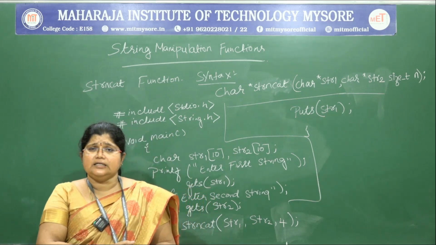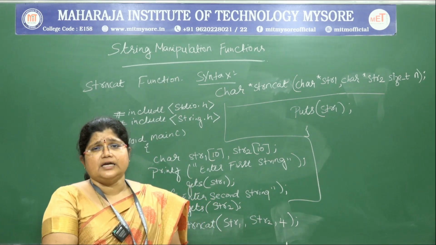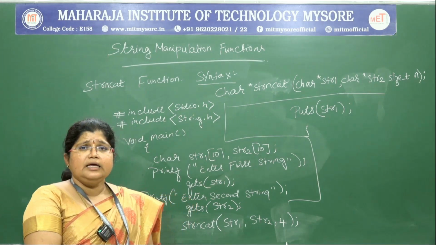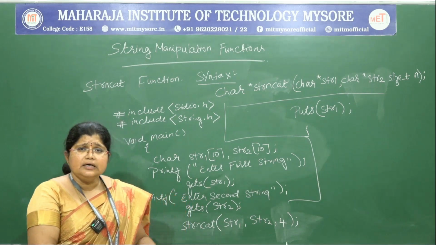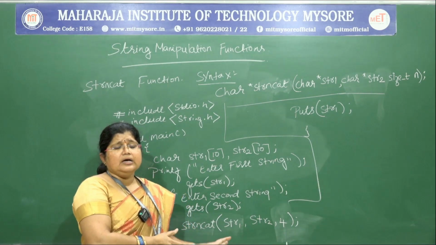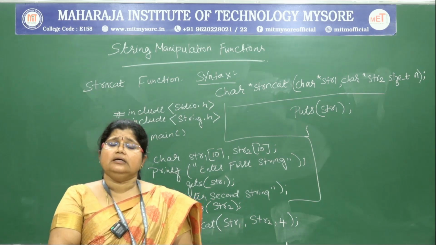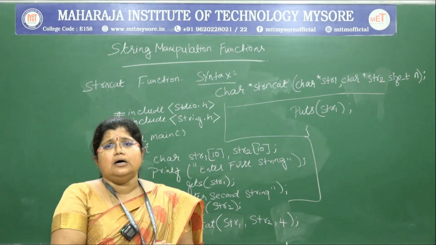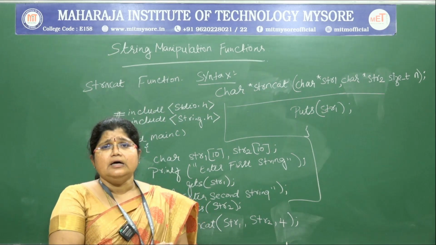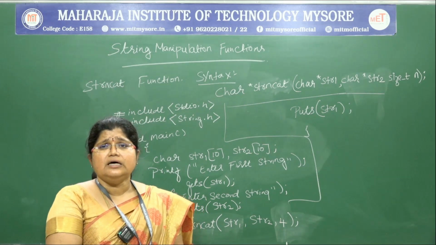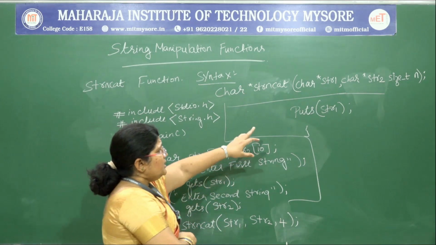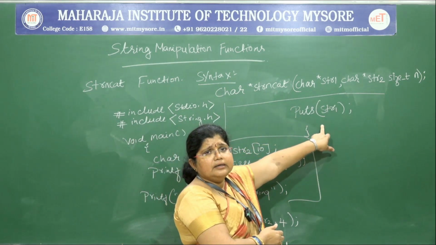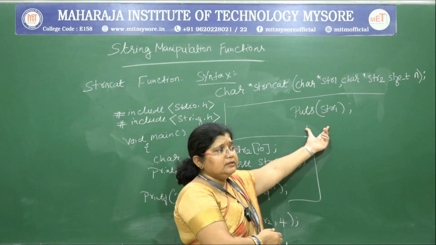The 4 indicates the number of characters of the second string which must be appended to string 1. After appending the 4 characters to string 1, the data will be saved in the str1 variable, and the appended data will automatically be terminated with the null character. So by using puts we print the appended or concatenated data.